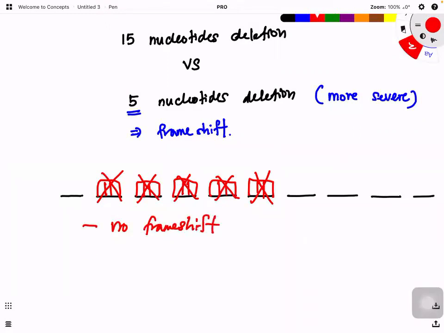Can you see that? No frame shift. So you only have 5 amino acids removed, but the remaining ones are still correct. Even though we say it's still severe, it's not as severe as 5 nucleotides, which will cause the frame shift mutation to take place.